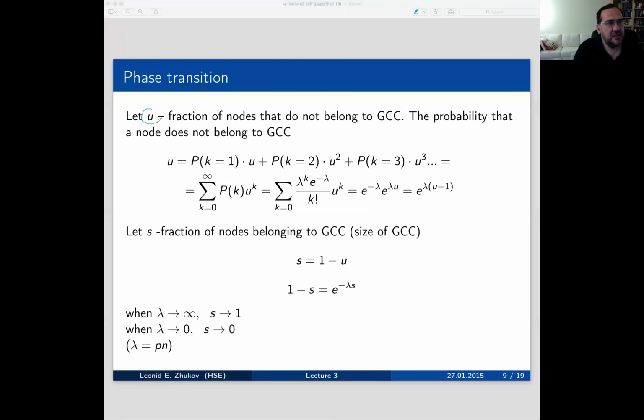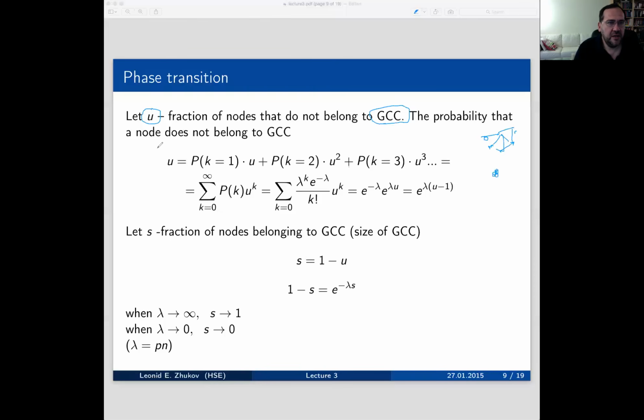Let's call U the fraction of nodes that do not belong to a gigantic connected component. Now, that thing where all the nodes are connected is called, of course, a connected component, and because it's big, it's called the gigantic connected component. So shortly, GCC.